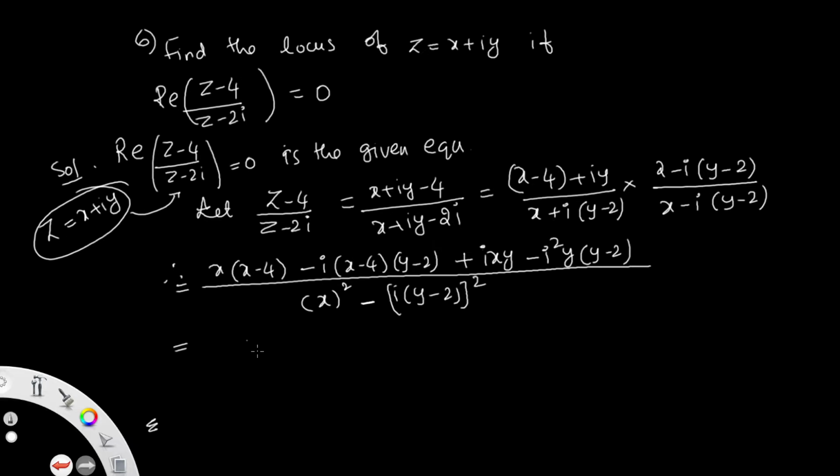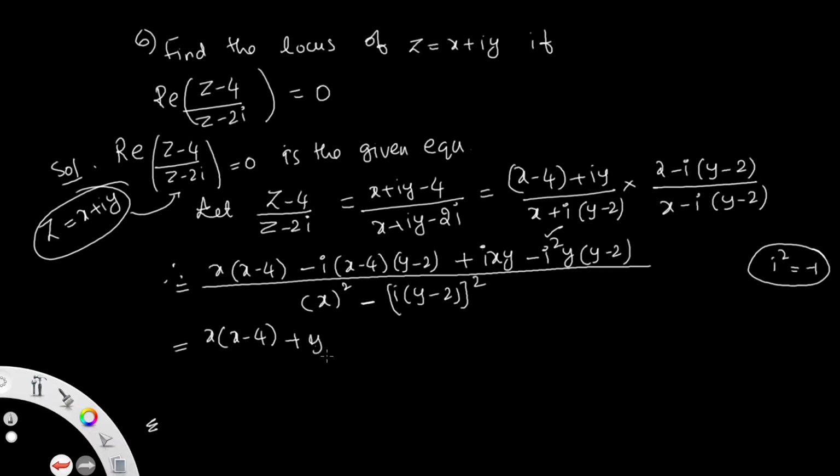Now here i square is there. I square equals minus 1. So now multiply. Therefore the real part is x into (x minus 4) plus y into (y minus 2).